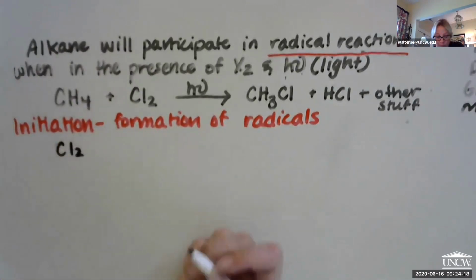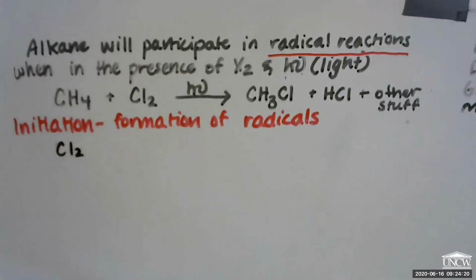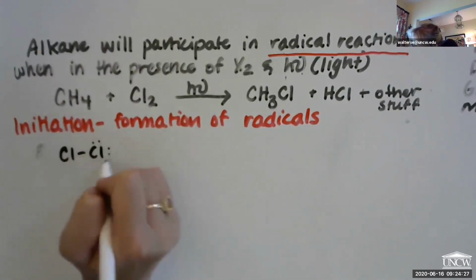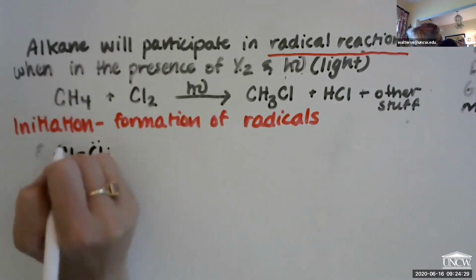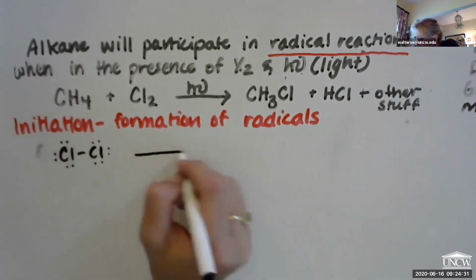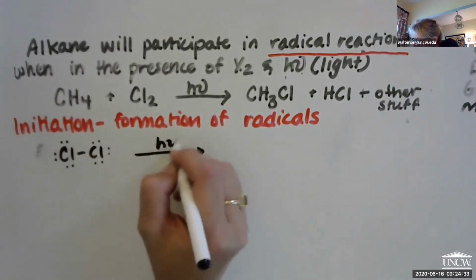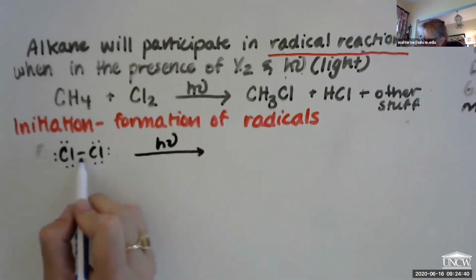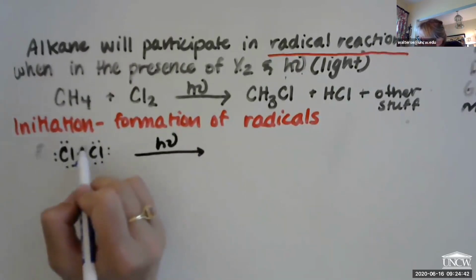So you have your chlorine. Let me draw it as a diatomic. In the presence of light, and again, it would have to be a specific wavelength, this sigma bond between the two chlorines is going to homolytically cleave.